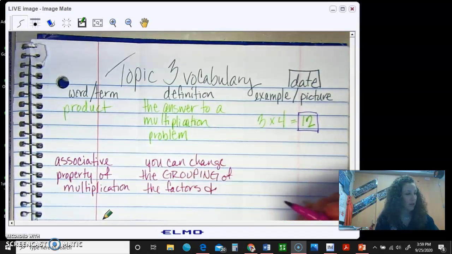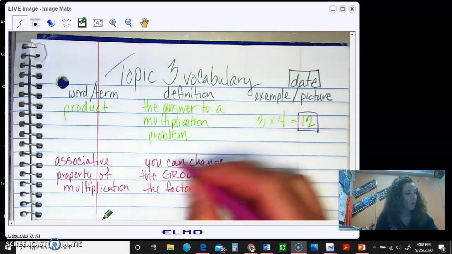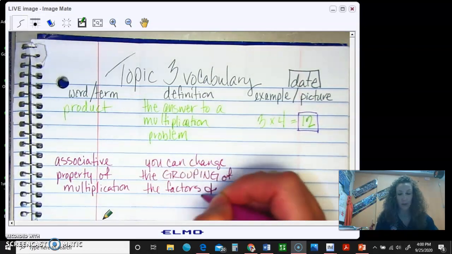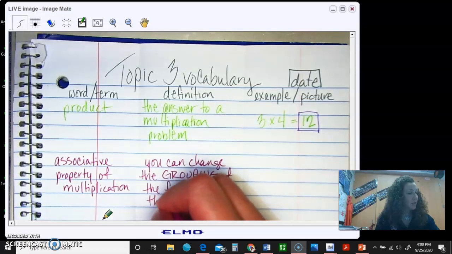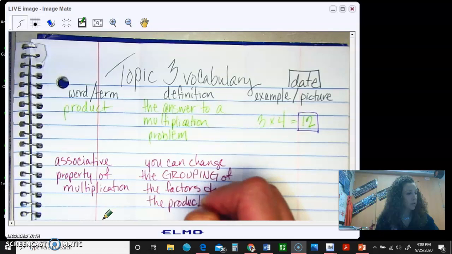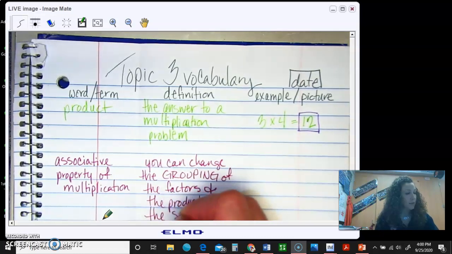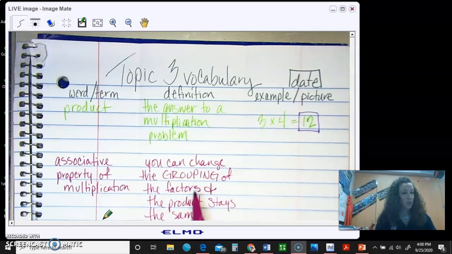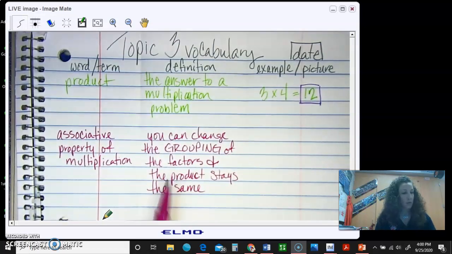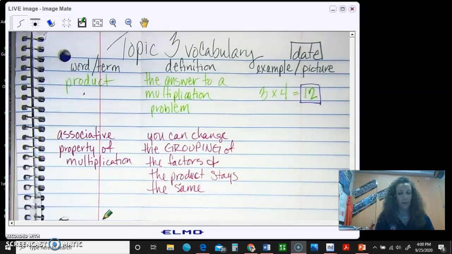It kind of looks like a cursive plus. It's just a short way of saying and. You can change the grouping of the factors and the product stays the same. So you see product, and you remember the word is right there. Okay? So, here's our example.